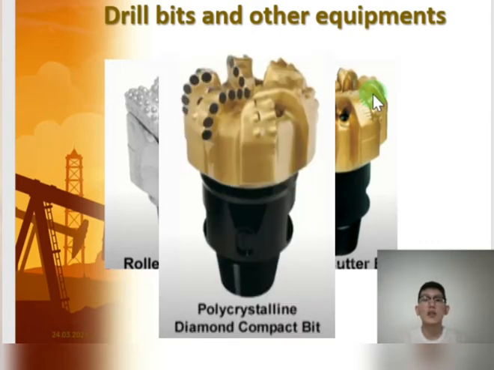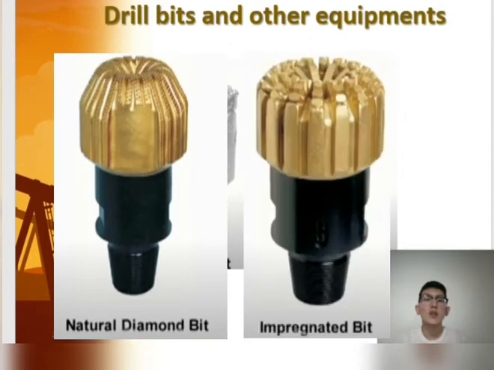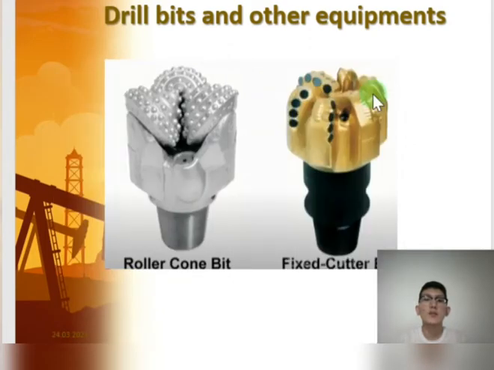As I said before, it has three types of bit: the polycrystalline diamond compact bit, the natural diamond bit, and the impregnated bit. The difference between them is that the fixed cutter bit is more expensive than the roller cone bit, and it helps us to crush hard rocks. For that we use the fixed cutter bit.